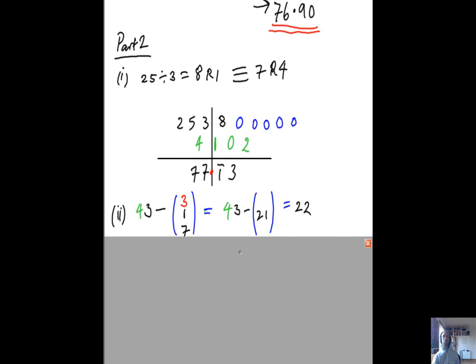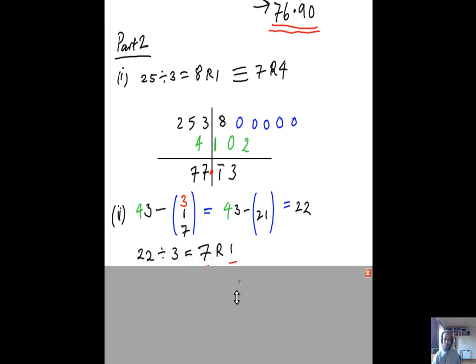Right, so look. 7 remainder 4 is the remainder here. And this gross dividend 43. Take away the flag, which is 3 times 7, gets us 22. And 22 then divide by 3 again to give 7 remainder 1. This gross dividend 18.